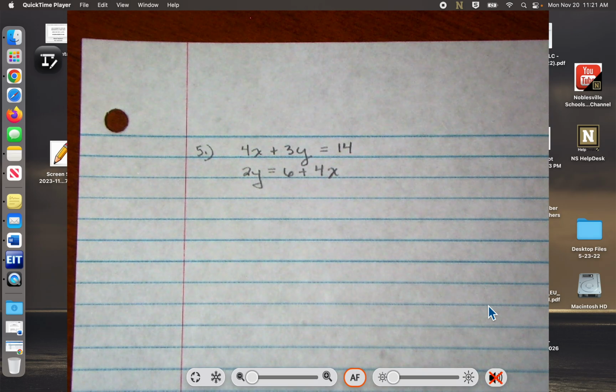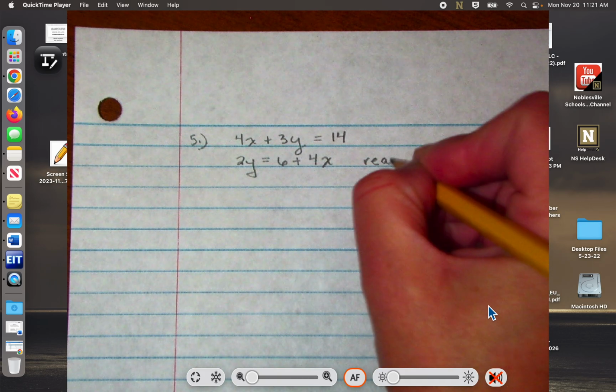How were the other ones structured? Structured the same as the top one. They were in standard form, and the second one is very much not in standard form, right? So we're going to rearrange, right, so that we can have the x's lined up with the y's lined up with the constant, okay? So we're going to write ourselves a note to rearrange.